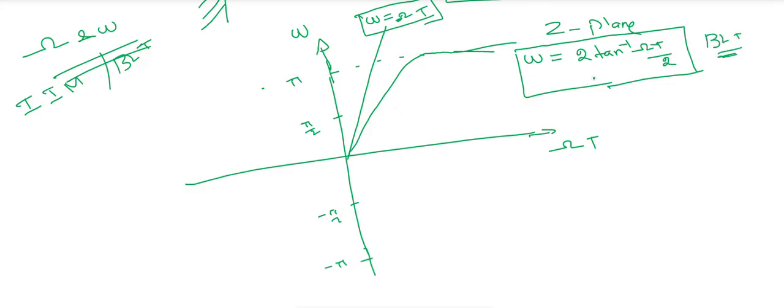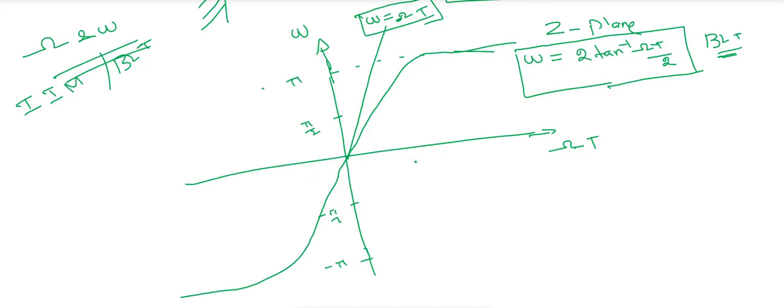We'll discuss how we derive this. If you want to draw the full waveform, you can draw it from minus pi to plus pi.